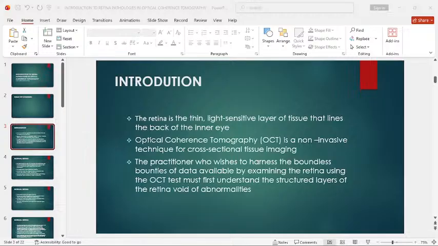Because for you to know the unknown, you have to know the known first. So having a good knowledge of what a normal retina looks like gives you a good edge when you are looking at an abnormal retina. So quickly, let's look at what we have for the day.